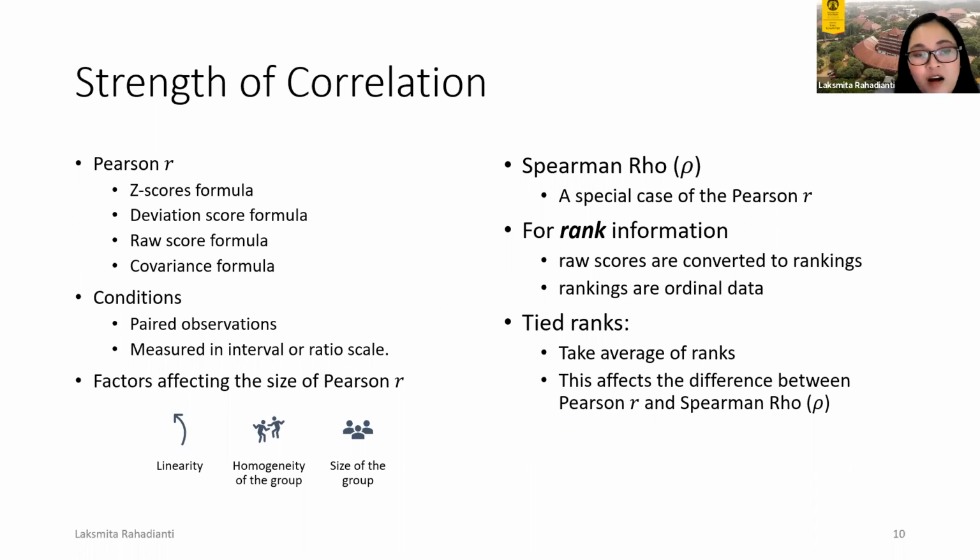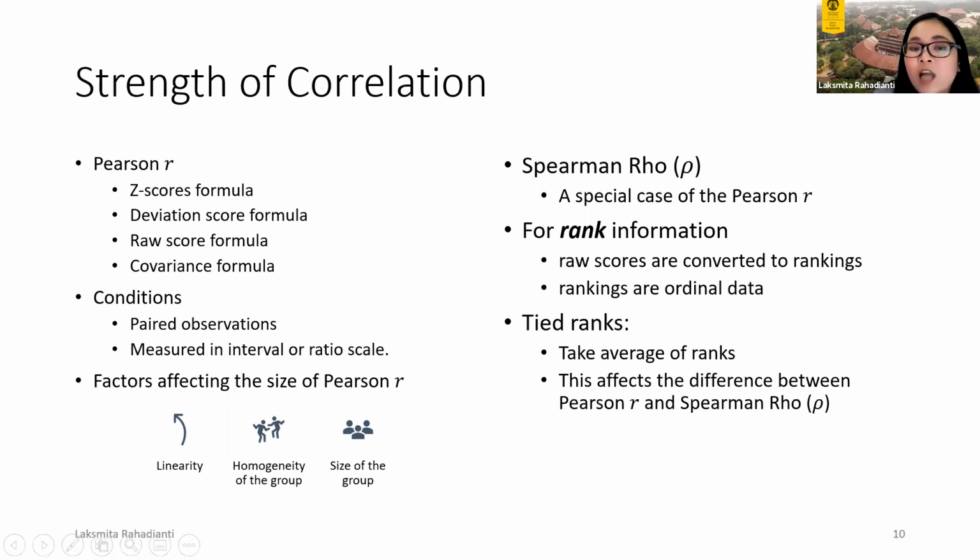In addition to Pearson R, we also have the Spearman Rho, which is a special case of Pearson R that can be used if we don't have the exact values of the measurements, but instead we have the ranks, like we know which one comes first and second and so forth.